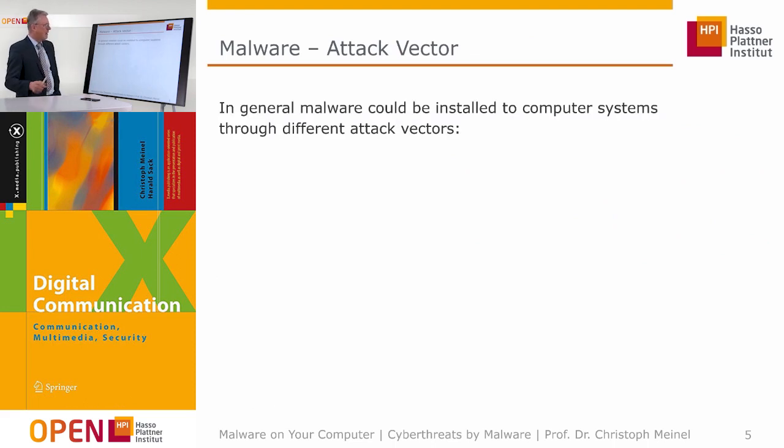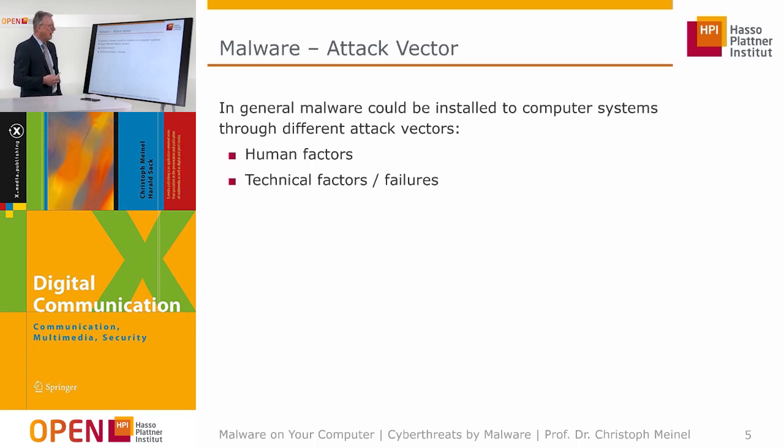So the attack vector of such malware attacks is in general that the malware needs to be installed on the computer systems of the victim. There are different possibilities to do this. The human factor: social engineering methods to convince the user to install the software for some good reason.